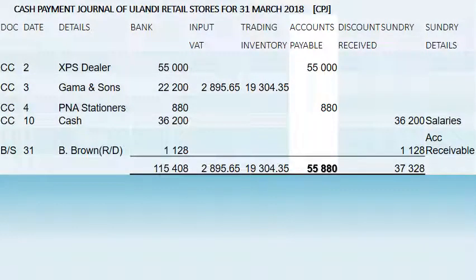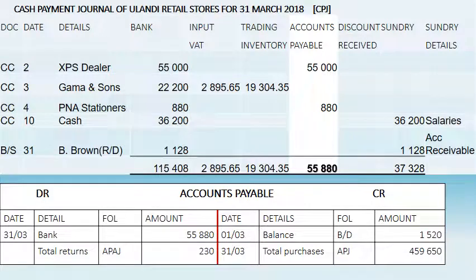In the cash payment journal, we also have a column for accounts payable showing all the checks that were issued to creditors in payment of accounts or in payment of deposits. These total payments were posted into the accounts payable in the general ledger on the debit side, bank, posted from the CPJ, total amount as calculated in the cash payment journal.